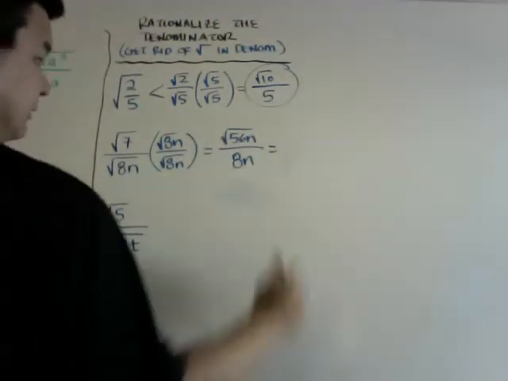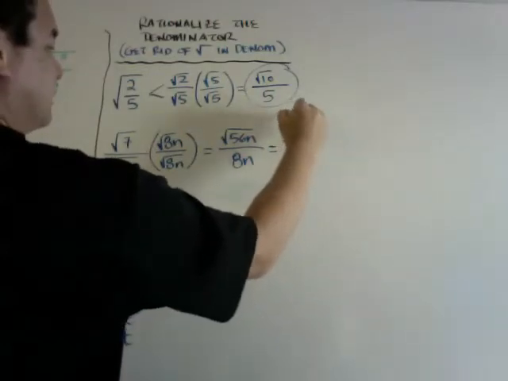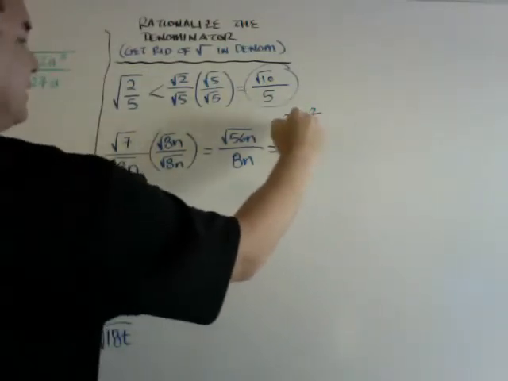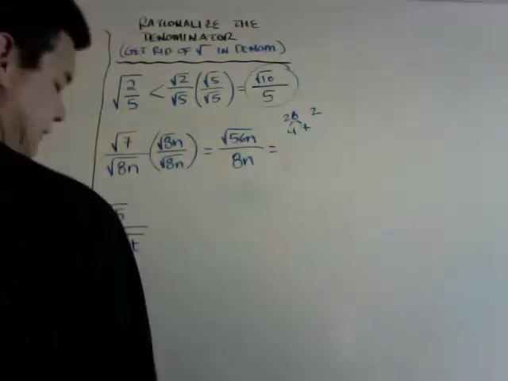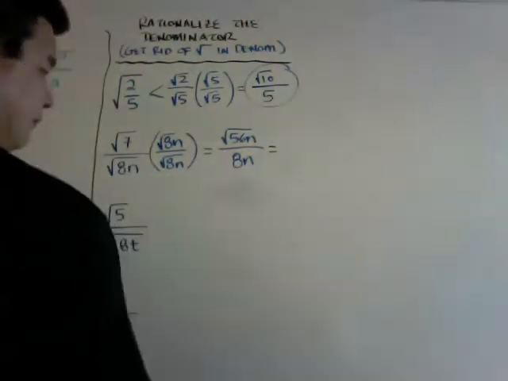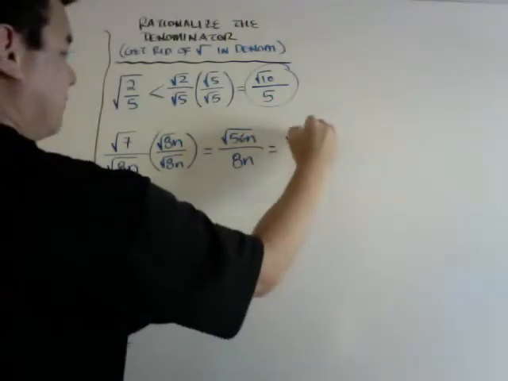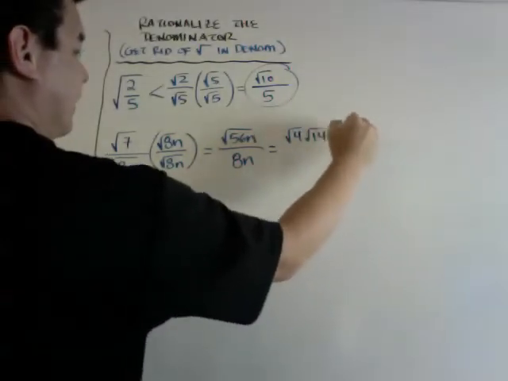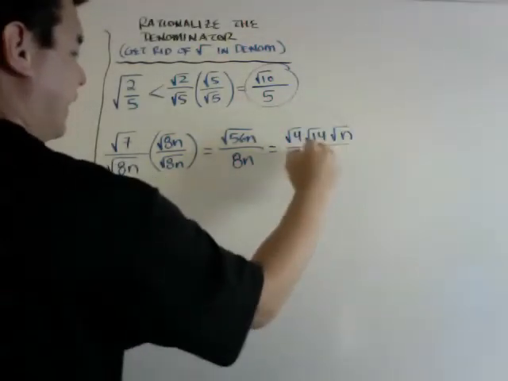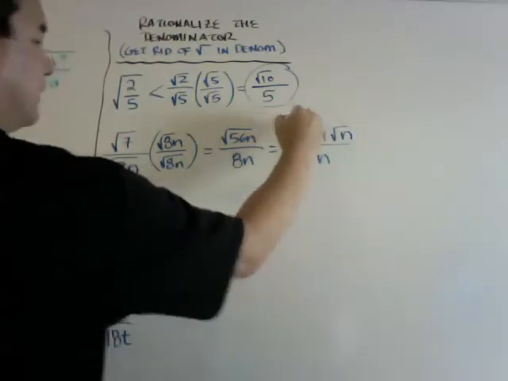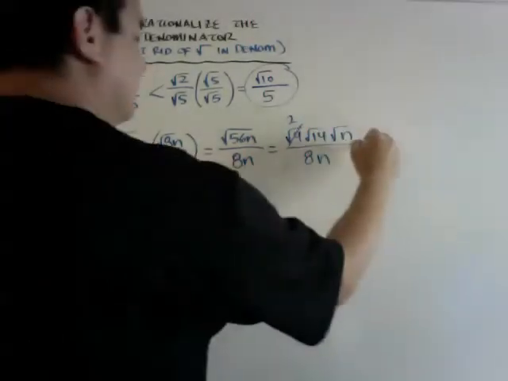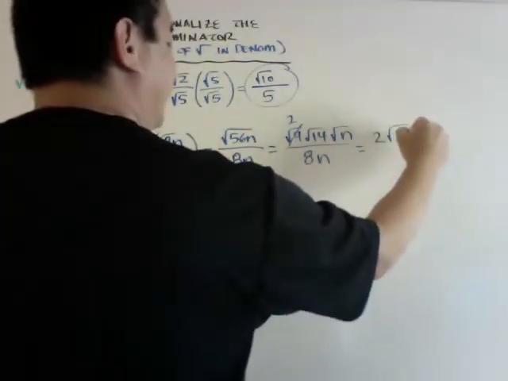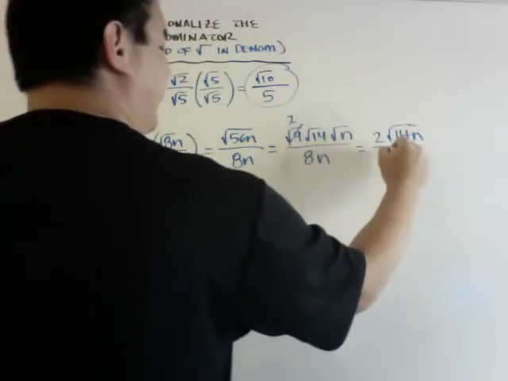I'm sorry. 28 and 2 is 56. So this is 4 and 7, so it'd be 4 and 14. So this would be radical 4 times radical 14 times radical n all over 8n. This becomes a 2. Okay, so you got 2 radical 14n all over 8n.